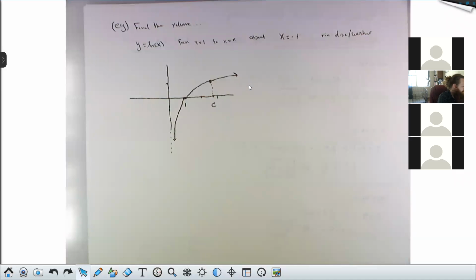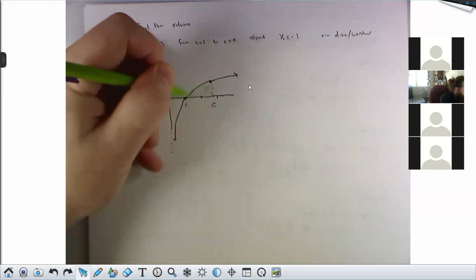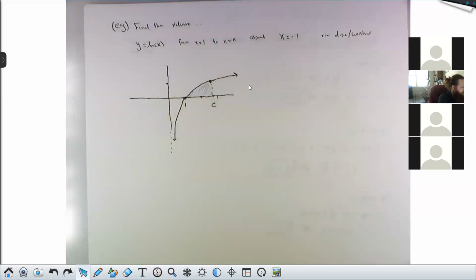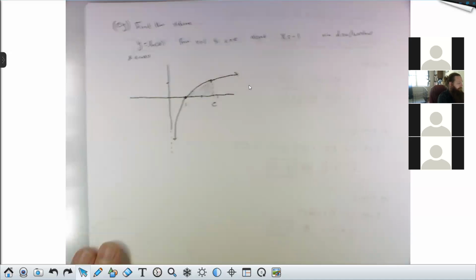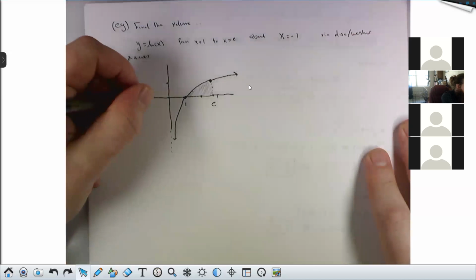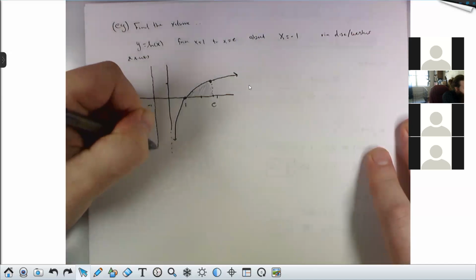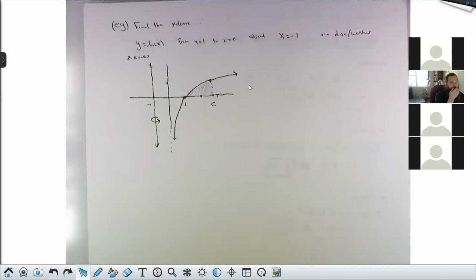So the region that's bounded by that curve between 1 and e, and the x-axis, is this region. Here's the line x equals -1. This is your axis of rotation.